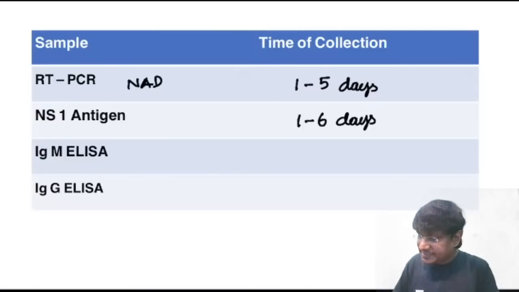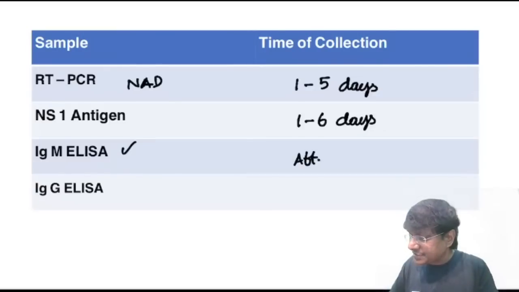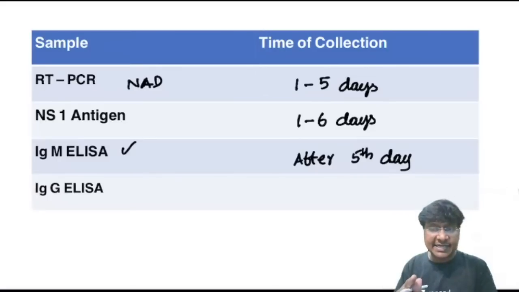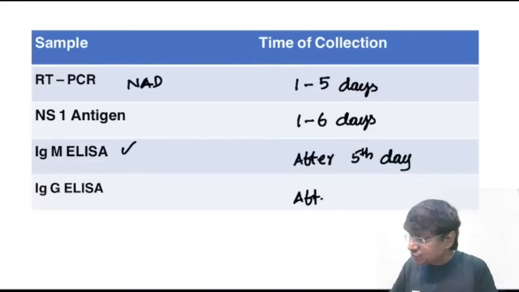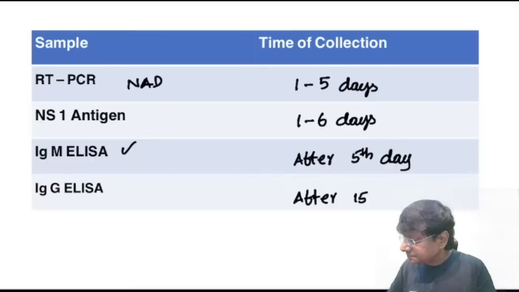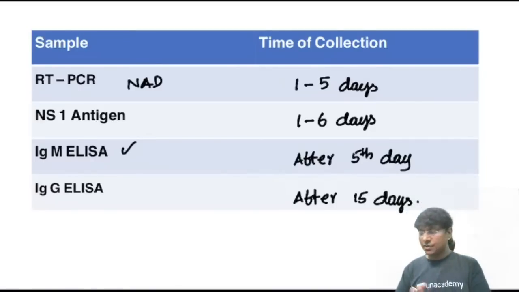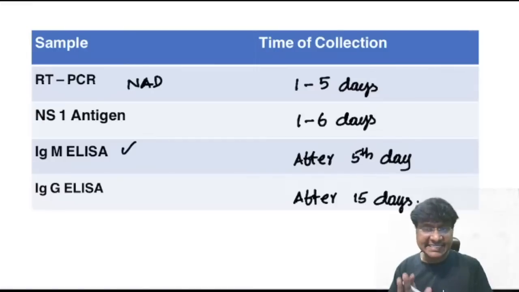IgM ELISA will be positive after the 5th day of infection, whereas IgG ELISA will be positive after 15 days of the onset of symptoms. So this serology is very important for your exam.